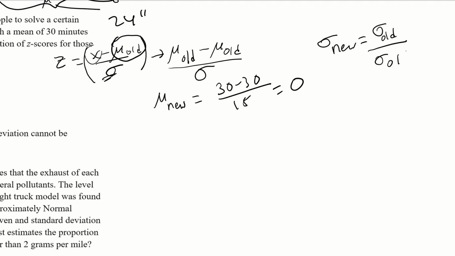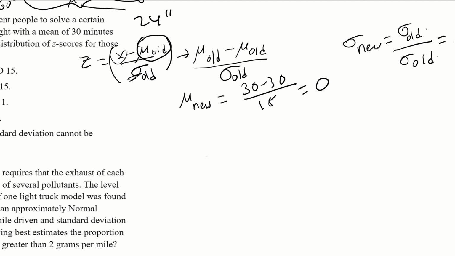So we're going to divide that by the old standard deviation. I should really call this old over here, by the way. So the new standard deviation is going to be the old standard deviation divided by the old standard deviation, which is going to be 1. So the new standard deviation is 1, the new mean is 0.